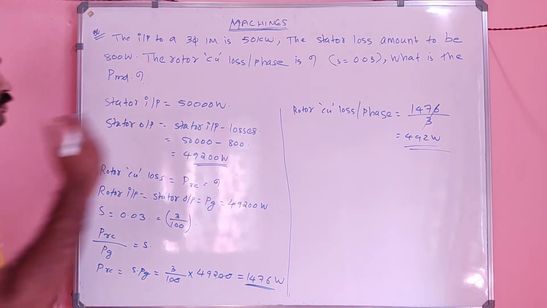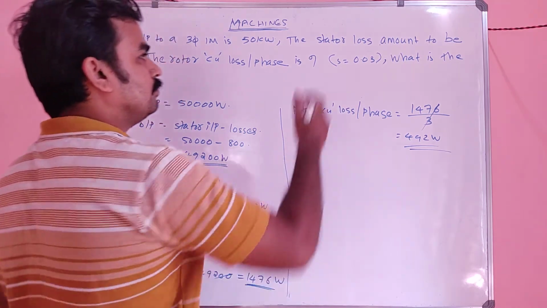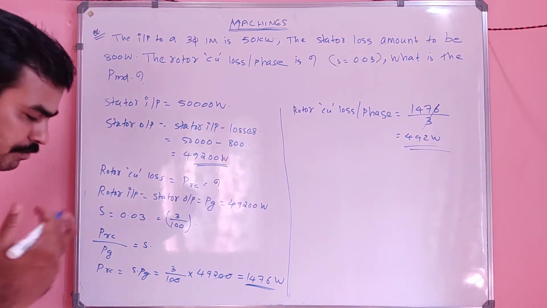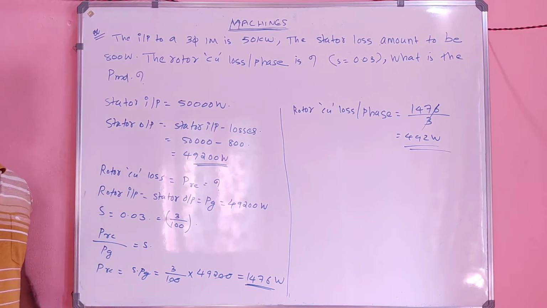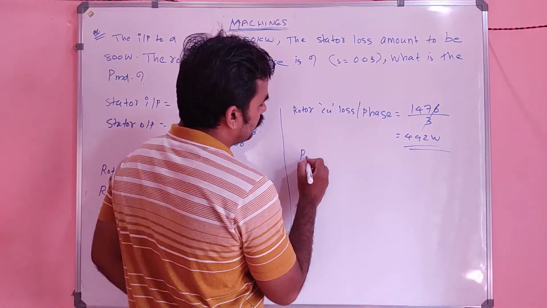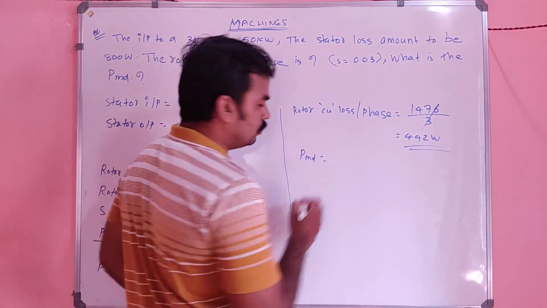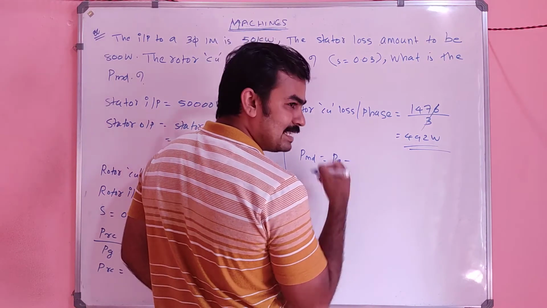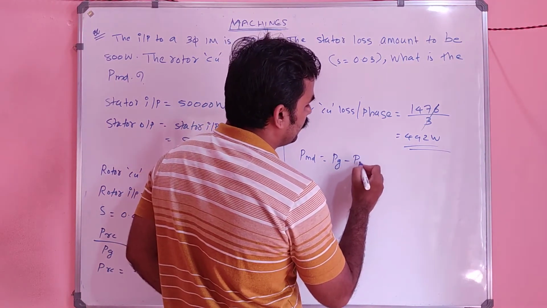Is our question finished? No. What is PMD? PMD is nothing but the rotor output, or the developed mechanical power. Rotor output is equal to rotor input minus rotor copper loss.